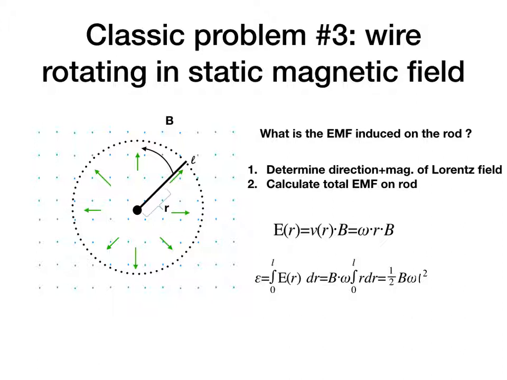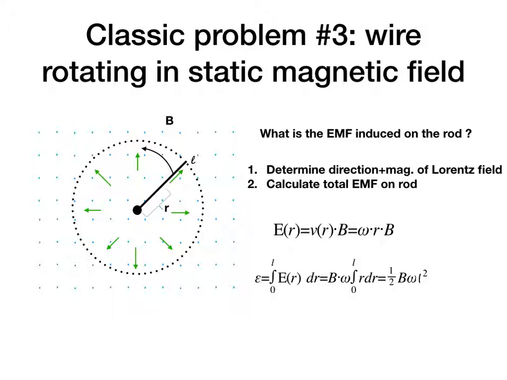The linear velocity is given by omega, the angular velocity, times the radius from the center. The electrical field, which is just the velocity times the magnetic field, is given by V times B. The electromotive force is the sum of all the electrical fields along the rod.